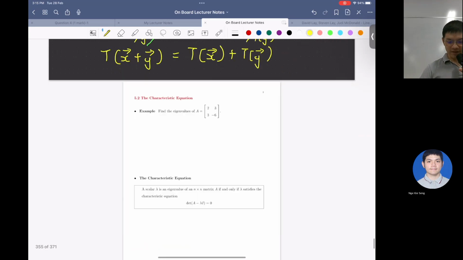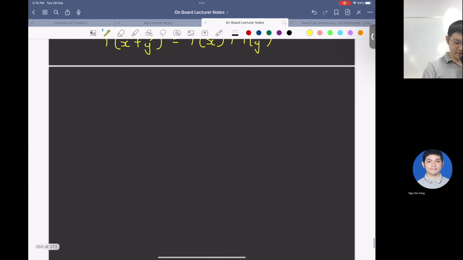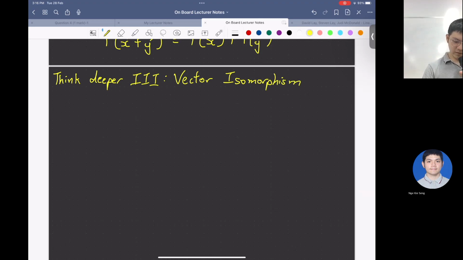And one last thing before we jump into today's story. I want to wrap up this story here and clear some confusion. So the vector space isomorphism.